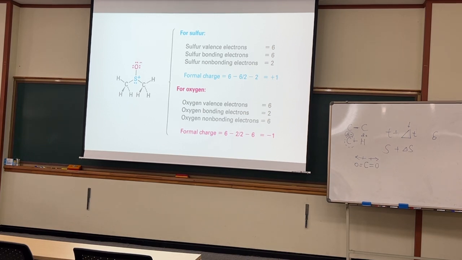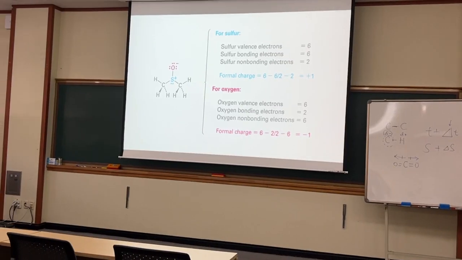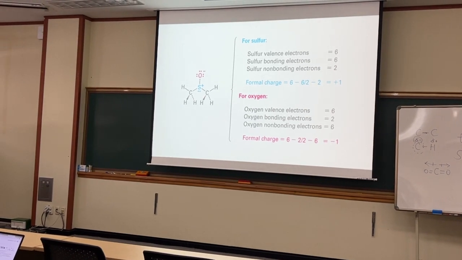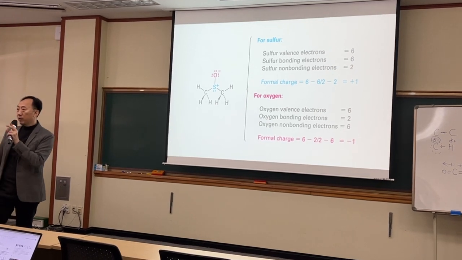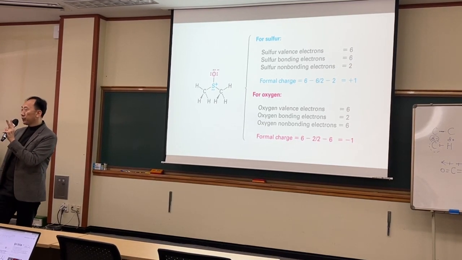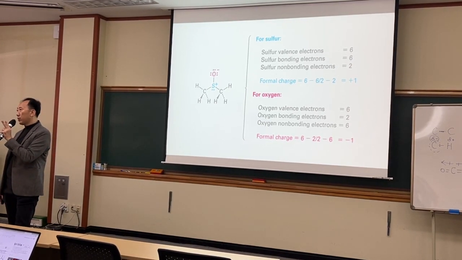Let's calculate the sulfur. Sulfur and oxygen are in the same family, right? Oxygen has 6 electrons. Sulfur has how many electrons? 6 electrons. Same way, just the outer shell, but the same configuration. Now, 6 electrons originally. Now it has 3 bonds and 1 lone pair of electrons. 3 bonds, 3 electrons. 1 lone pair, 2 electrons.